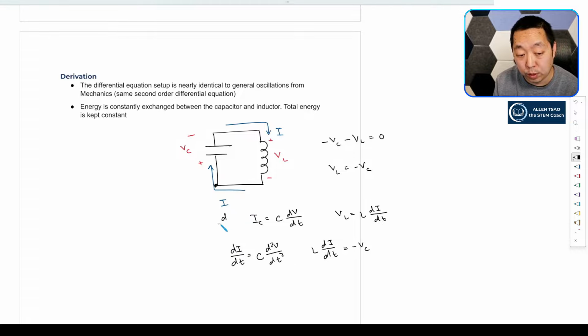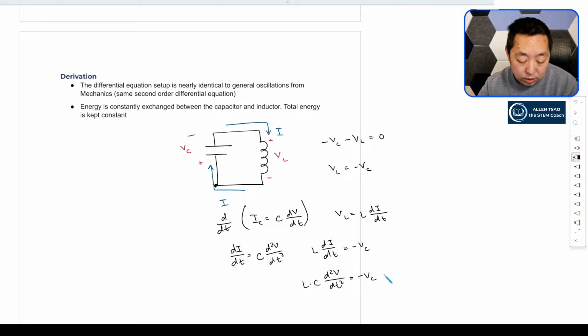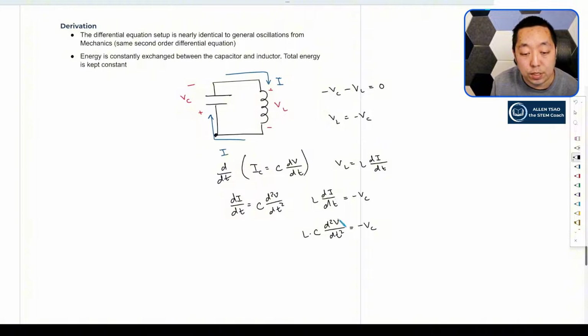Just take the derivative of both sides. Then I can replace the di/dt, so this is L times C d²V/dt² equal to negative VC, where VC is the voltage across the capacitor. Now you have the second derivative of something equal to negative 1 over LC times VC.